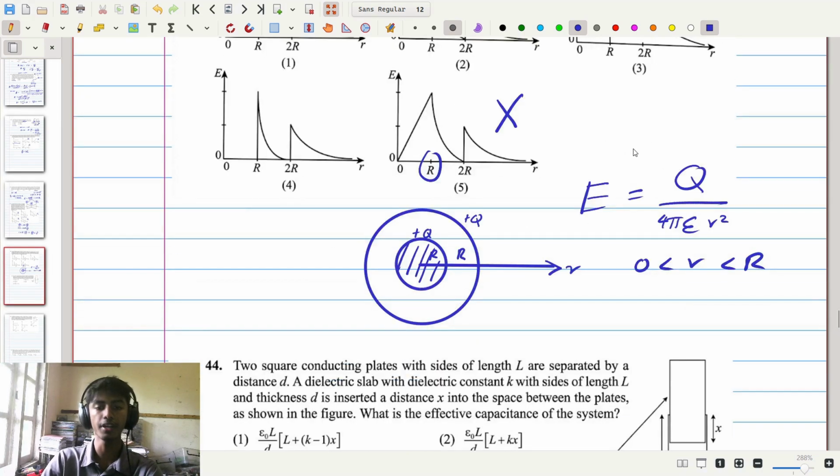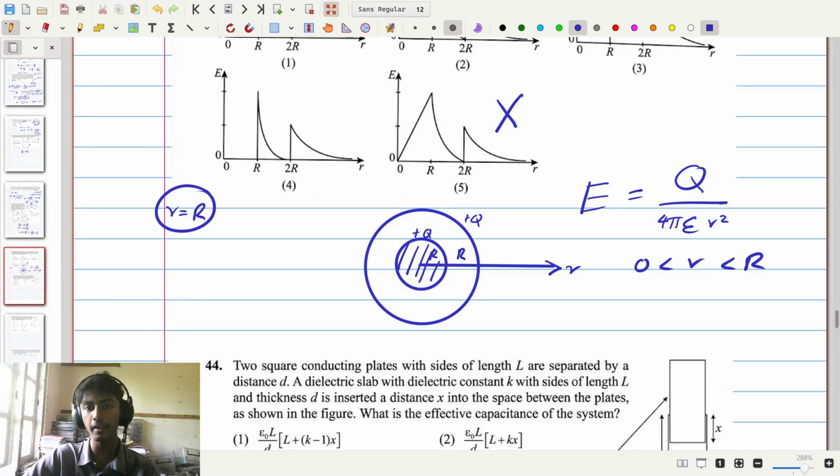Now moving forward, at the point where we break the surface and reach r equals capital R, we are going to have a charge of plus Q enclosed within the Gaussian surface. So at the exact point of r equals capital R, we should have E equals Q divided by 4 pi epsilon capital R squared.